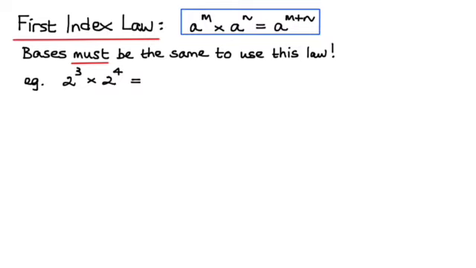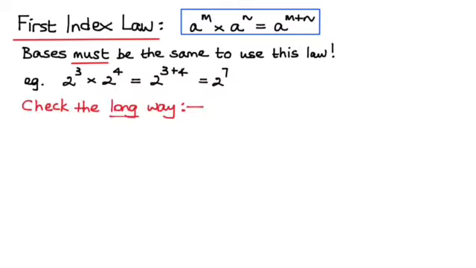Let's do a little example here. So 2 to the 3 times 2 to the 4, according to the index law, would be 2 to the 3 plus 4, which would be 2 to the 7. That's how it works. Now, proving this the long way, without the index laws, it makes perfect sense, because 2 to the 3 is 2 times 2 times 2, is it not?